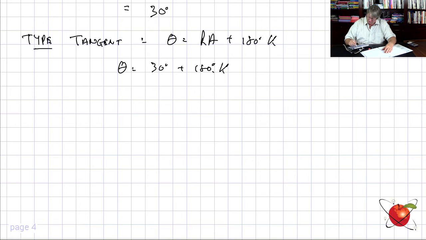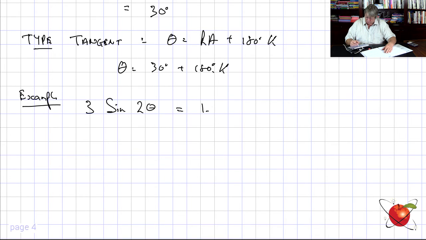Example 4. Okay, same thing, find the general solution. 3 sine of 2 theta equals 1.2. Now that's not in the right form because I need to isolate the trig function.